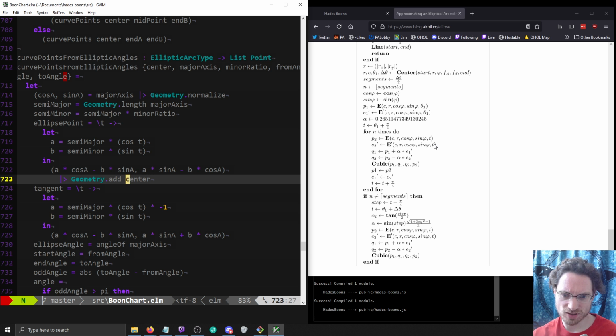So an endpoint and a tangent. The tangents are used in calculating our Q points. And it's not exactly the same because it's plus and minus.